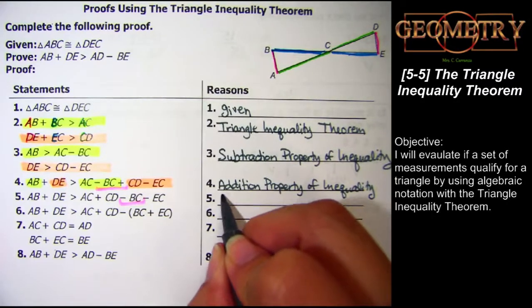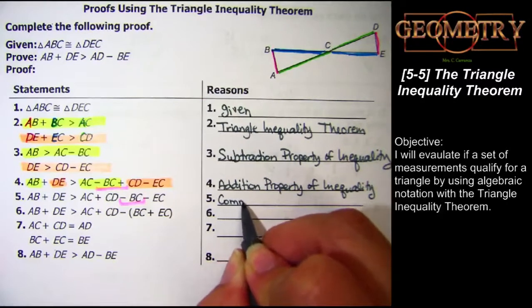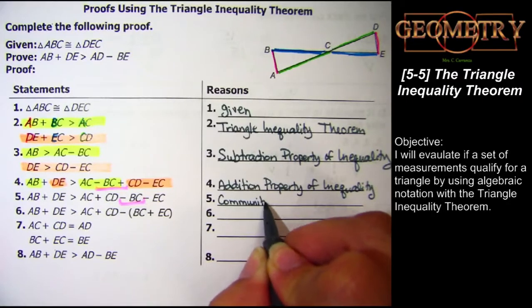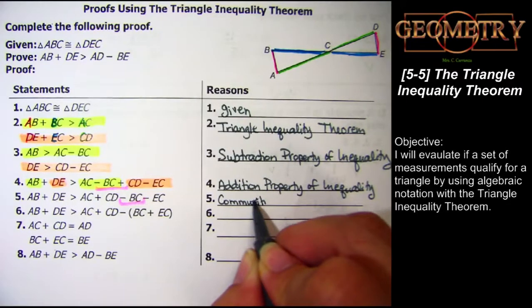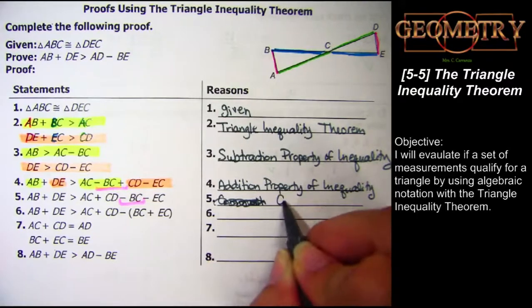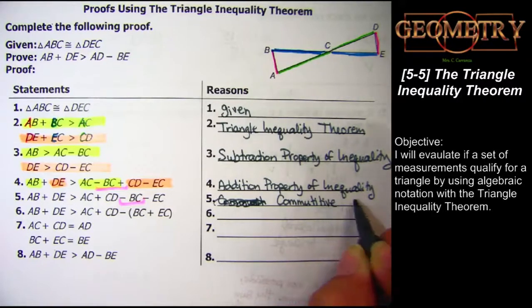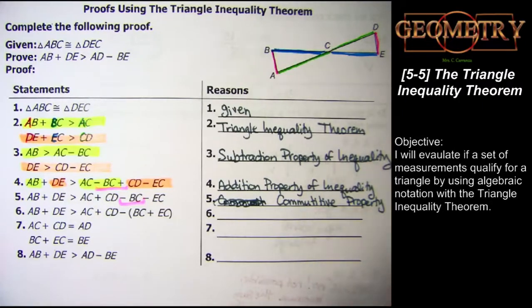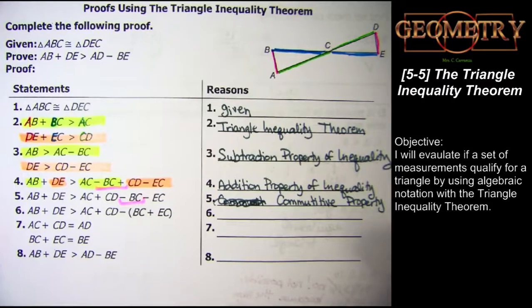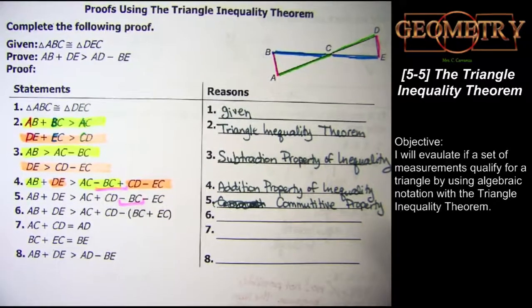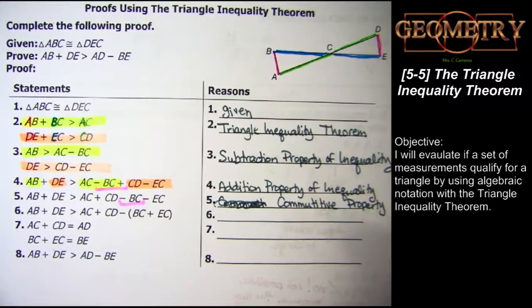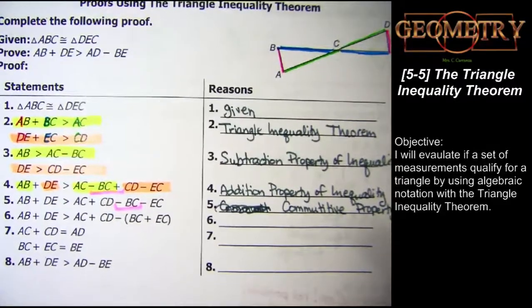Okay. On a test or something, this might be one of the ones that I would just hand you. I can't spell this one. Commutative property. So way back in, I think middle school for you guys, when they were first giving you properties of addition and subtraction.